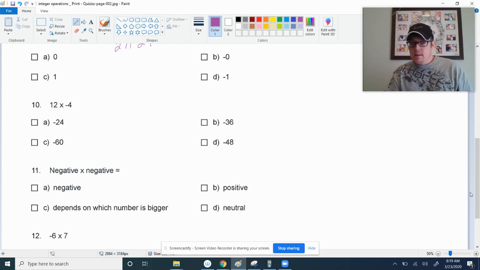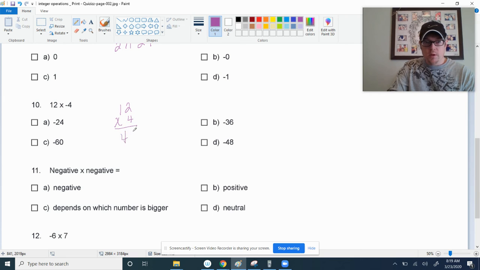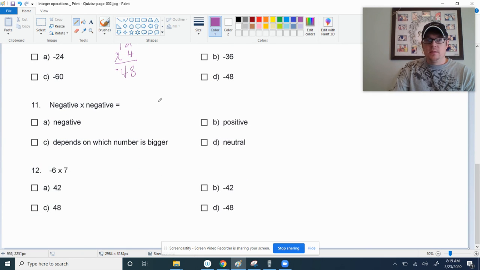Number 10, we're multiplying again. The signs are different, positive times a negative. So we're going to get a negative outcome. We just have to do 12 times 4, which is 48. And since the signs are different, we get negative 48. So that one will be D. And then it just tests these general rules on some of these questions.